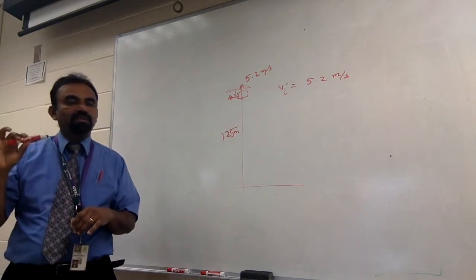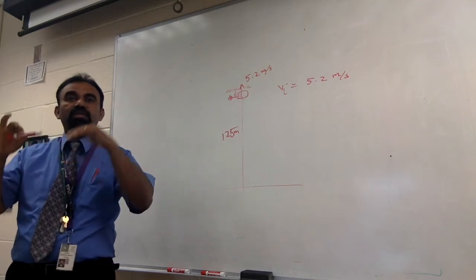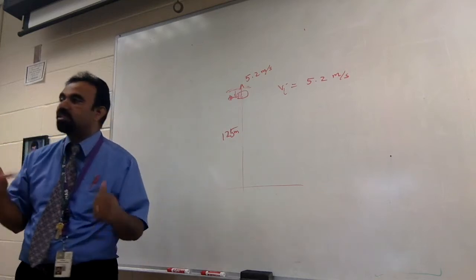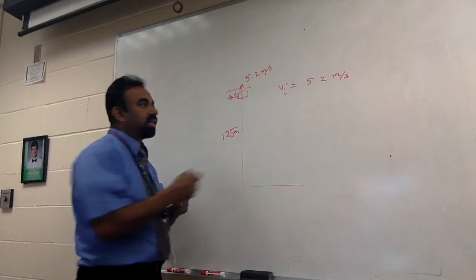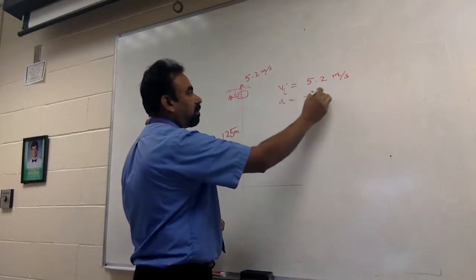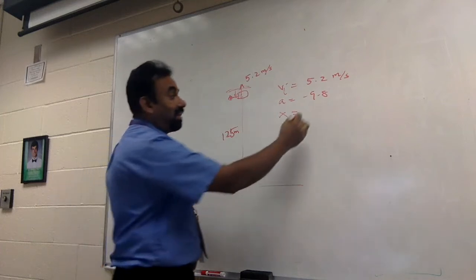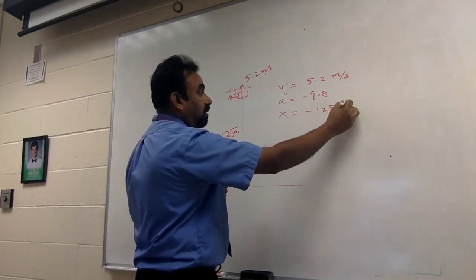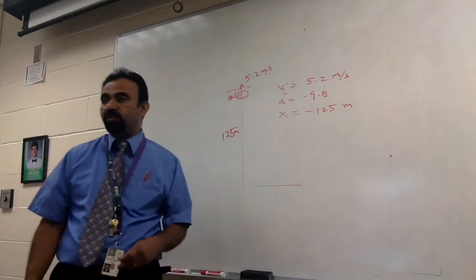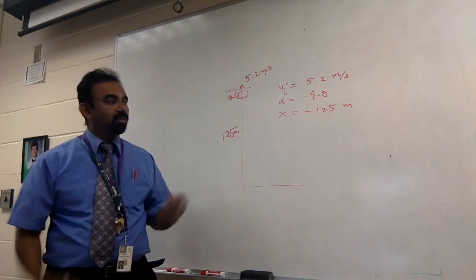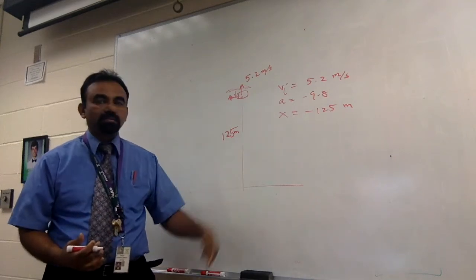So it is dropped with reference to the helicopter, but with reference to the ground, it is still moving up. Acceleration is negative 9.8. What is displacement? Negative 125. If you don't realize that, it is going down overall.